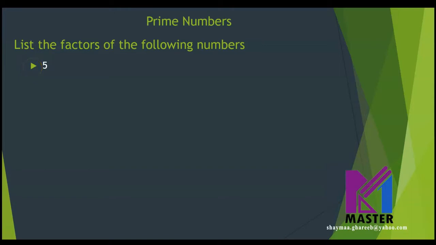So I only have 2 numbers, the number 5 and the number 1. And we said before in the factors video, the first 2 factors I write are the 1 and the number itself. So the factors of number 5 will be 1 and 5.